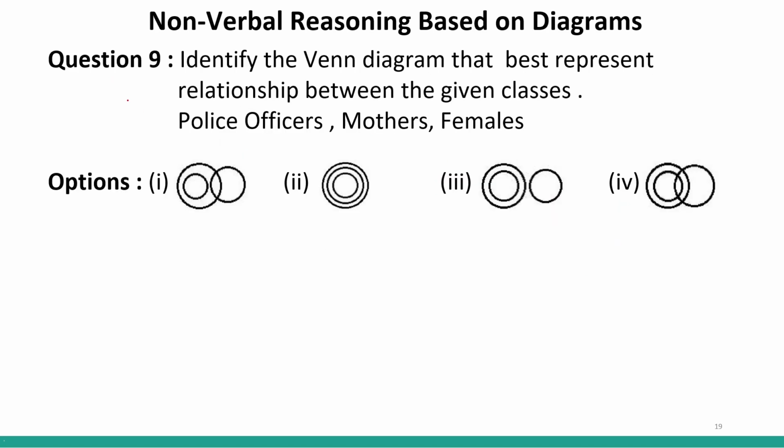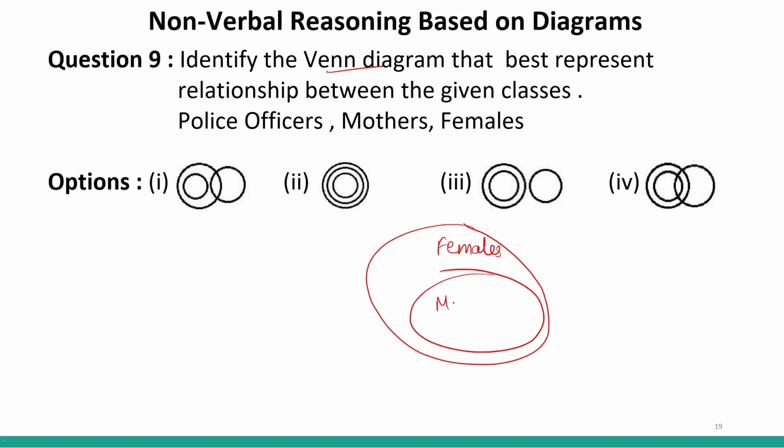Now let us move on to question number 9. Question number 9, we have to identify the Venn diagram that best represents these police officers, mothers and females. So if these are my females, correct, out of these females some will be mothers. Not every female is a mother, so out of females a subset will be mothers.